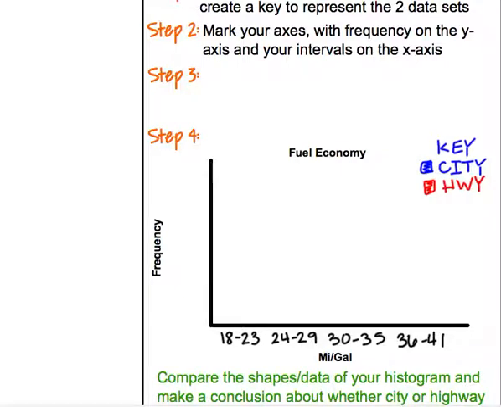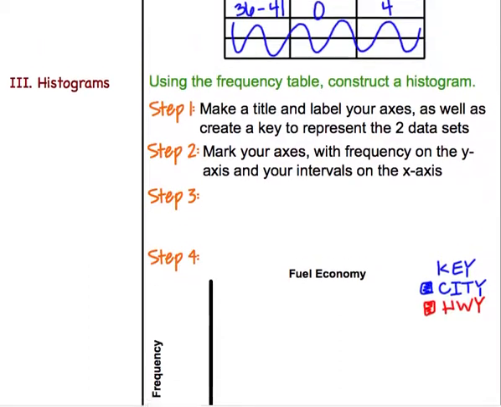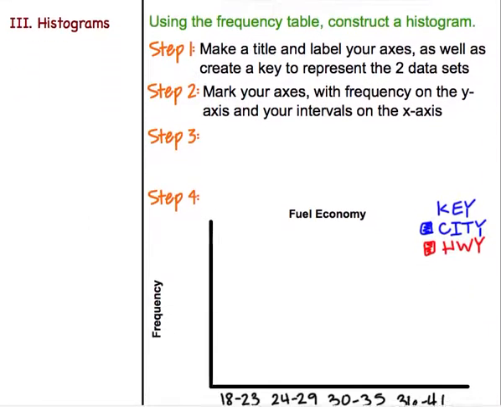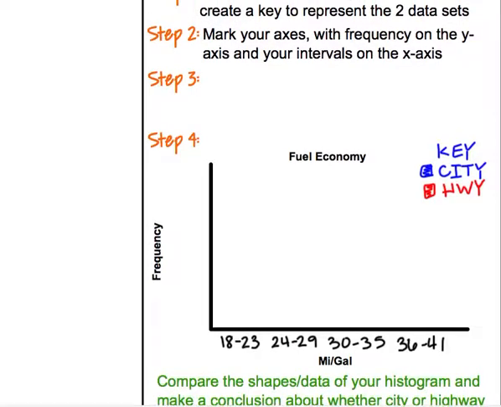Then on the upper side, if I look back at my frequency table, my highest number is 4, which makes for a really nice graph for me. So I can go halfway between the line, and that can be 2, which means 4 is at the top, 0 is at the bottom. Halfway in between is 1, halfway in between is 3. Now it's just a matter of making your bars.